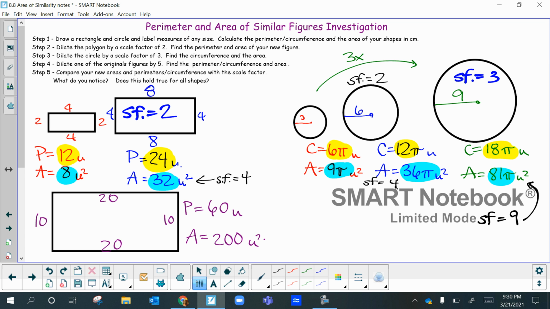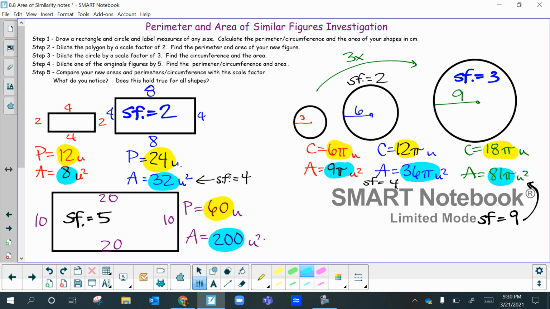So let's look at the one that got 5 times bigger. This scale factor was 5. The perimeter got 5 times bigger. 12 to 60 is 5 times bigger. The area did not get 5 times bigger. It got a lot of times bigger. I wonder how much. Now think about it.